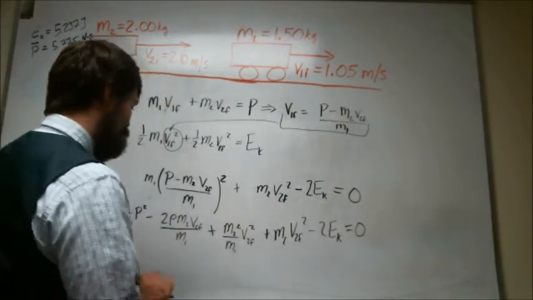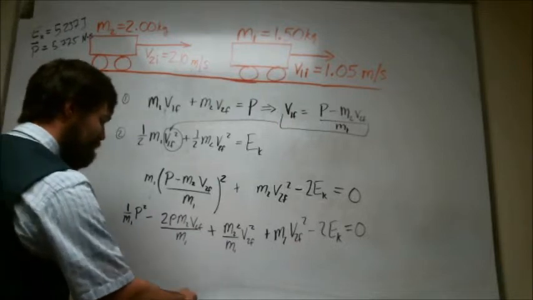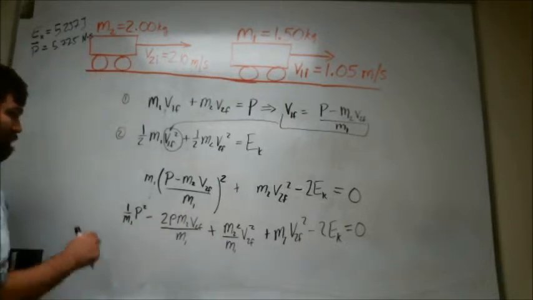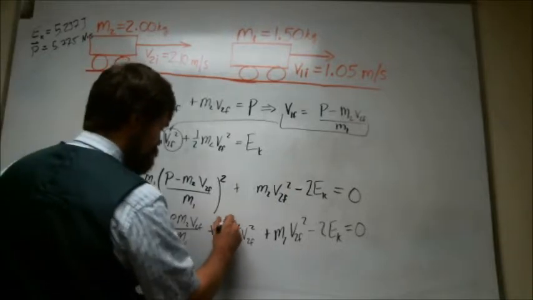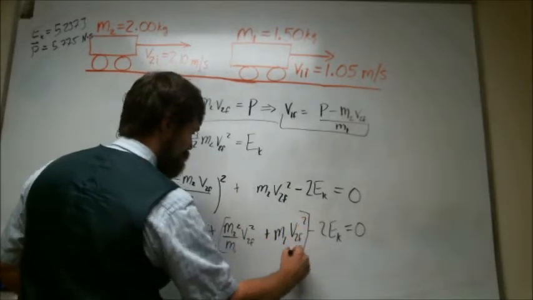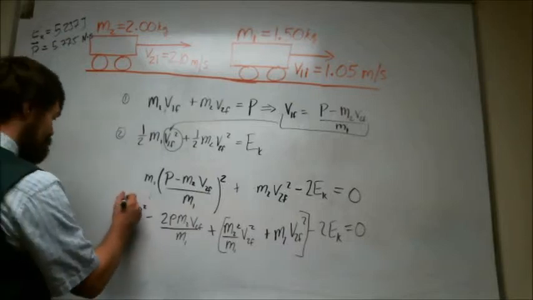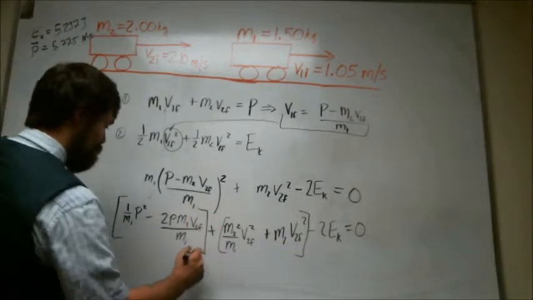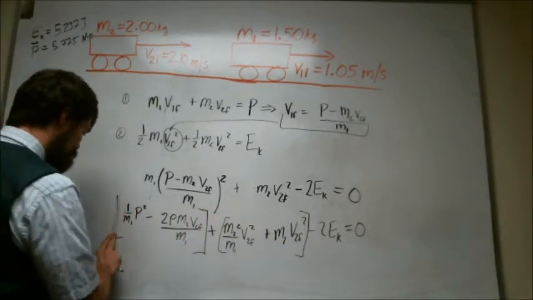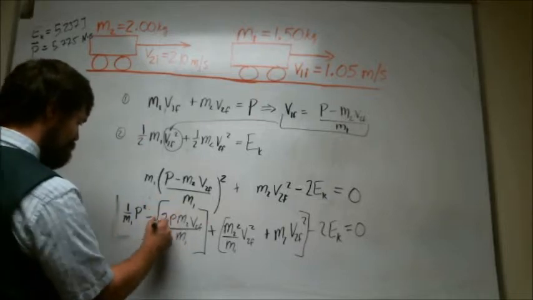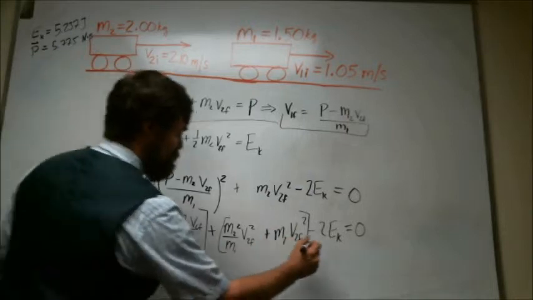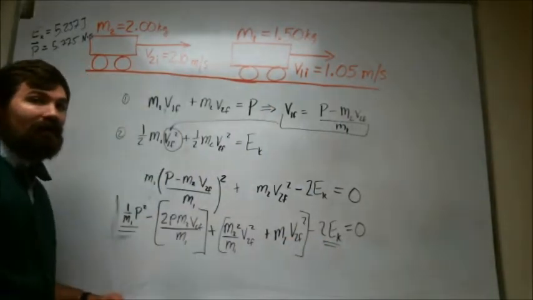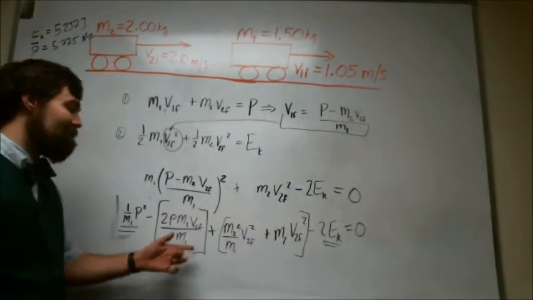I need to rearrange things a little bit to make that happen. I notice that these terms right here and right here are the V2F squared terms, this one term right here is the V2F term, and then this thing and this thing need to go together as the term that does not have any V2F in it.